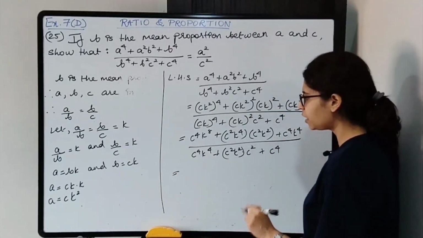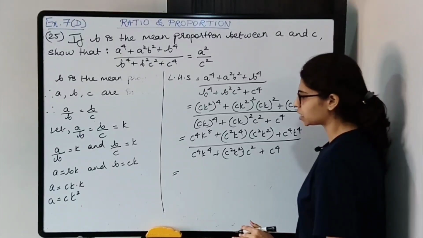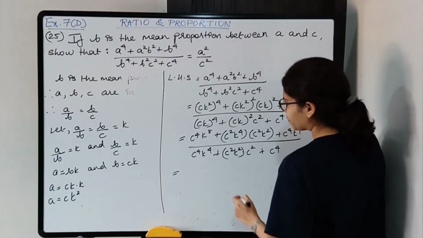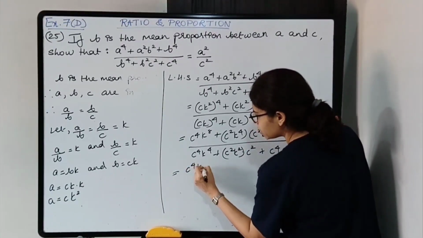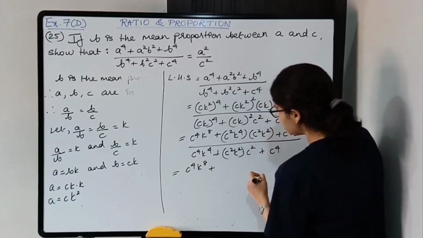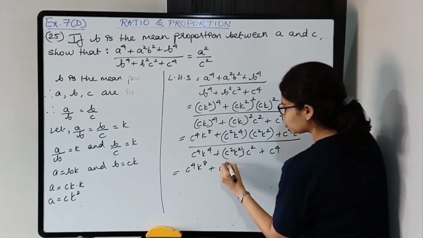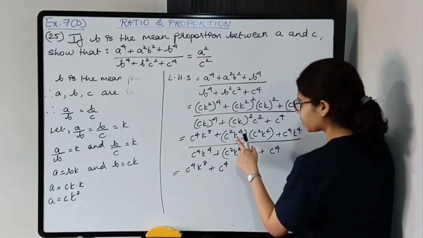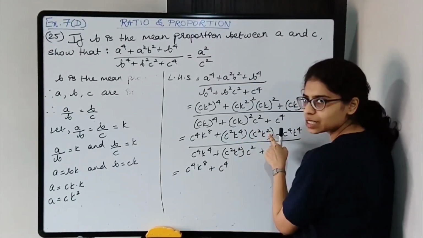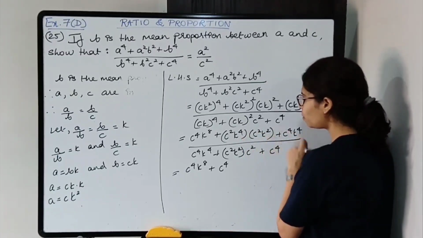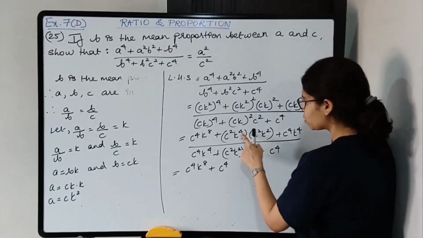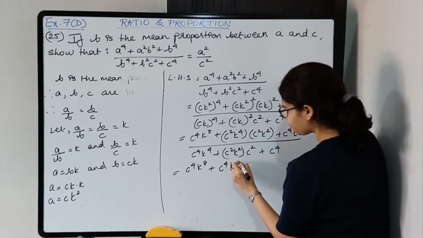Be very, very careful, otherwise you will not get the answer, you will not be able to prove it. So C raised to 4 K raised to 8 plus C square into C square, that will give me C raised to 4. You will add the powers. C raised to 4 plus K raised to 4 plus K raised to 2. So 4 plus 2, 6.